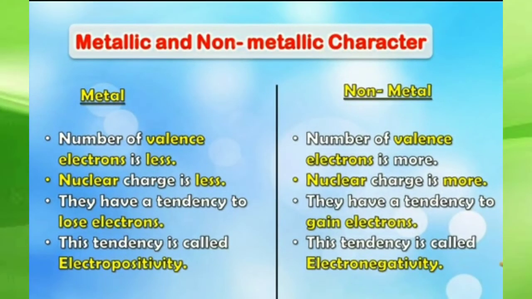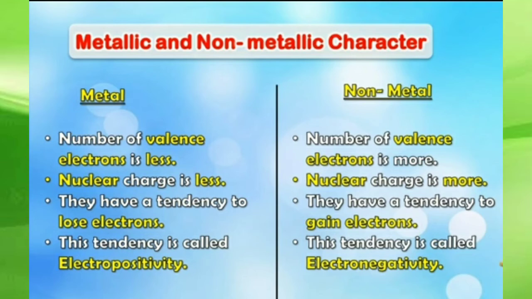Let's see the characteristics of metals and non-metals. In metals, the number of valence electrons is less, whereas in non-metals, the number of valence electrons is more, right? The nuclear charge is less in metals and the nuclear charge is more in non-metals.